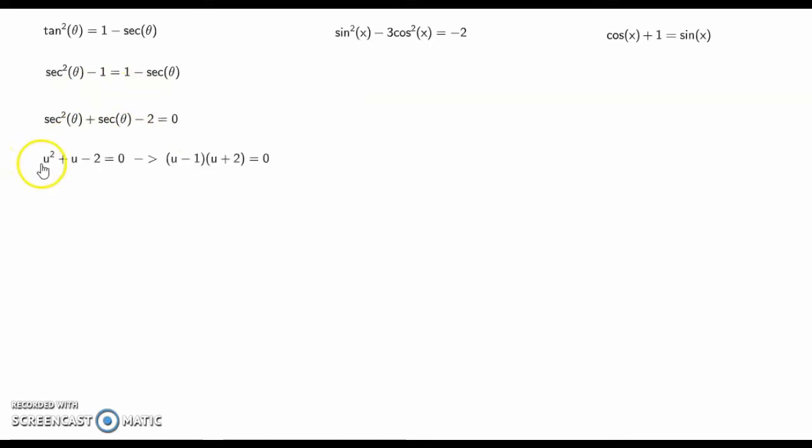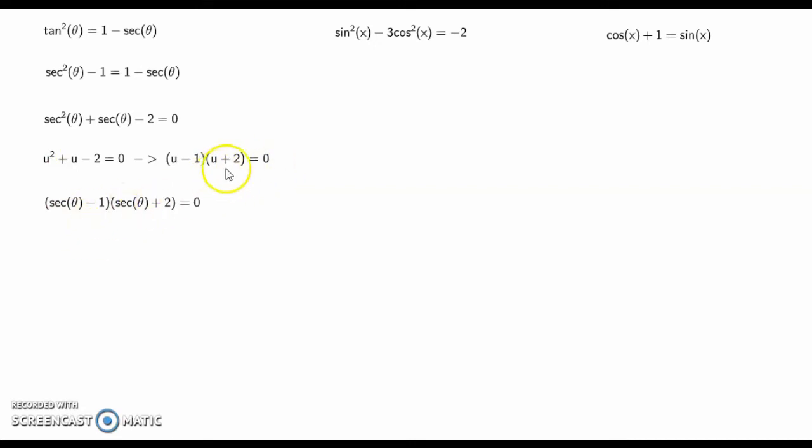And so we could write it like this: u squared plus u minus 2, where u equals secant theta. And you don't have to do this, but for some people this helps them to recognize that they can factor this. So we could factor this to u minus 1 and u plus 2 equals 0.